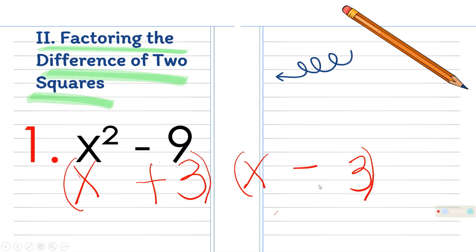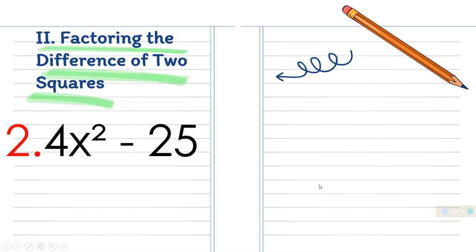Okay, so let's now proceed with the second example. This time, we have a numerical coefficient on the first term: 4x squared minus 25. So just like what we have done on the first example, get the square root of 4x squared. So we have 2x. Get the square root of the second term, 25.